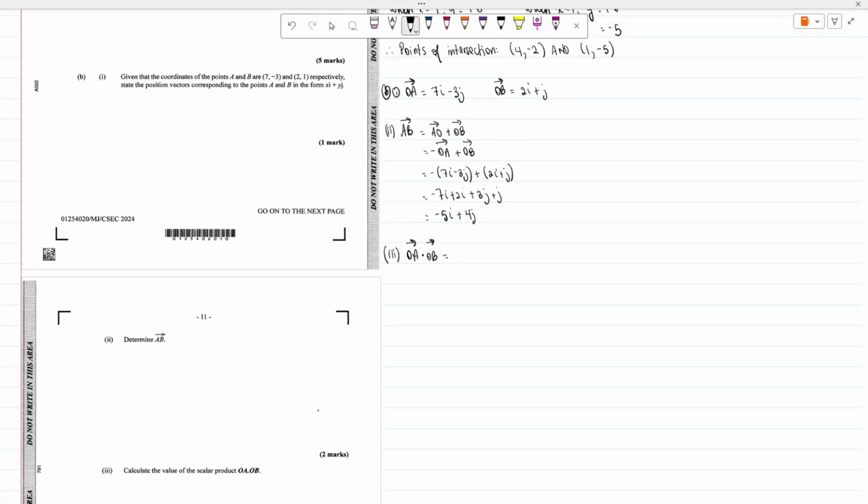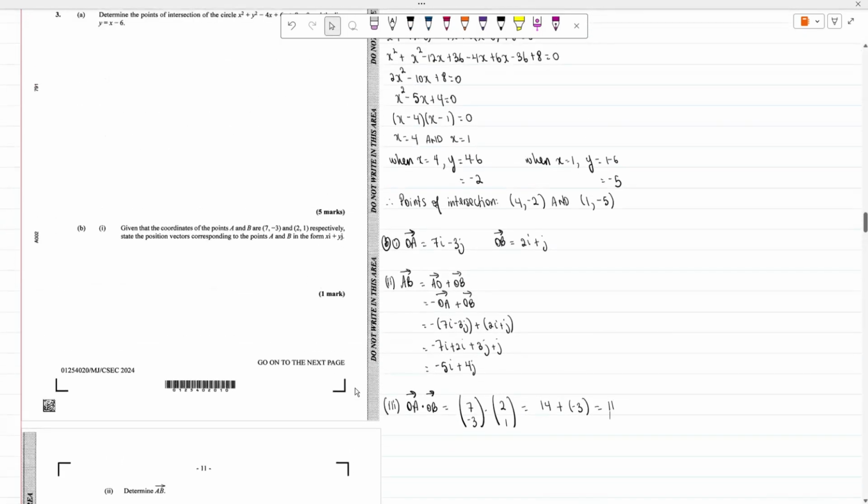And that's the easiest way to do the dot product. 7, minus 3 dotted with 2, 1. Multiply the tops, which is 14, plus multiply the bottoms, which is minus 3, and I get 11. Yeah, easy vectors question. Real easy vectors question.